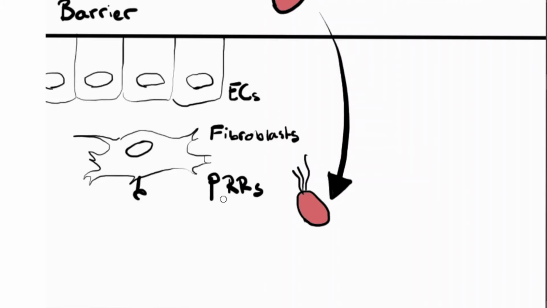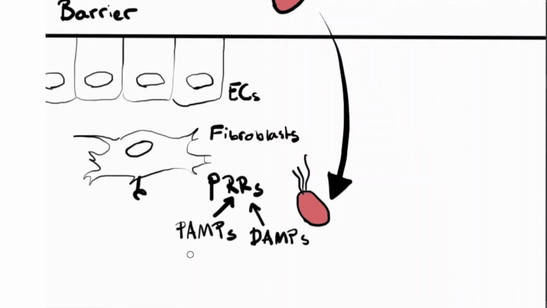But these pattern recognition receptors are able to recognize both structures from the pathogen, such as pathogen associated molecular patterns or PAMPs, as well as danger associated molecular patterns or DAMPs.